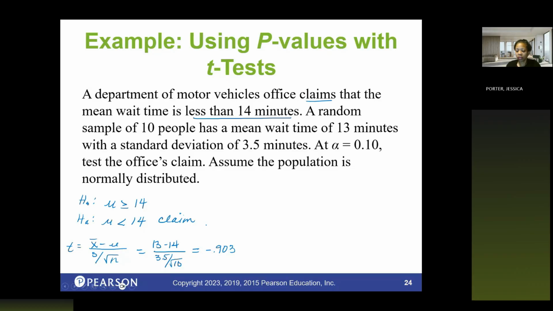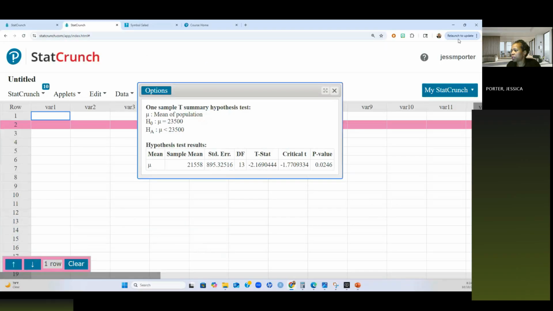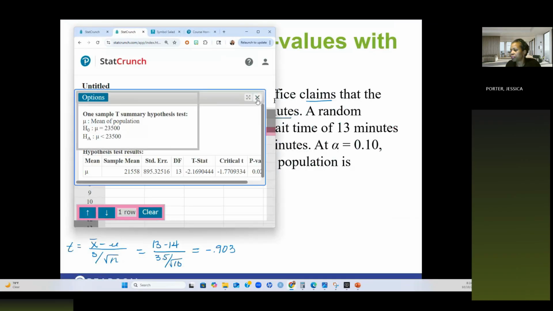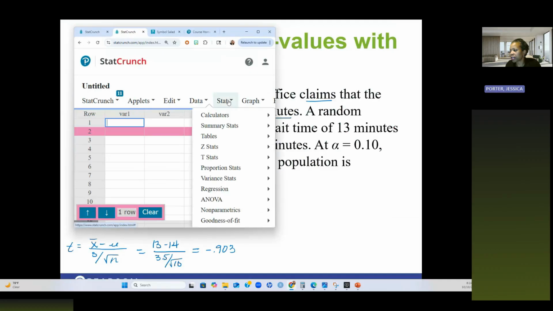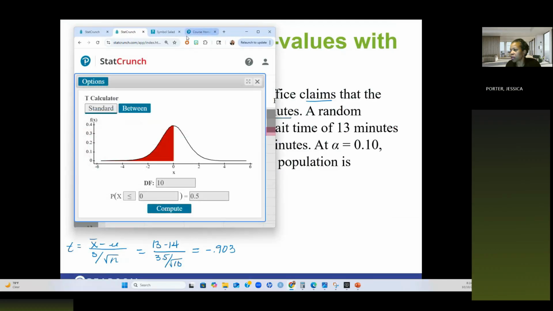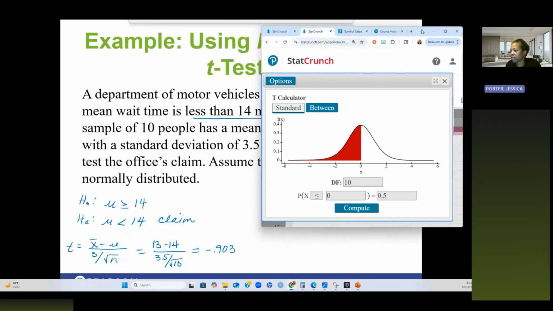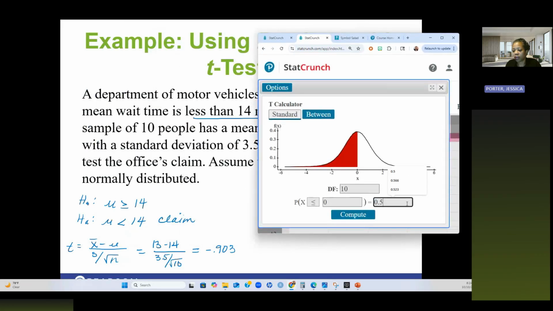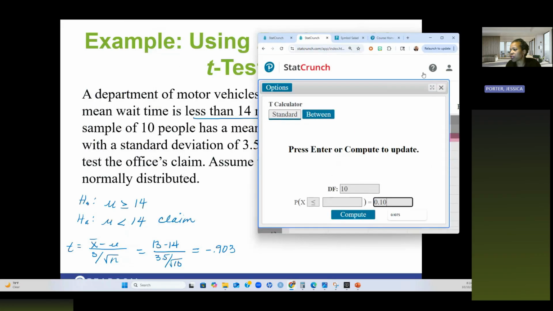So we can go to, we haven't been doing a lot of StatCrunch tonight. That calculator's T. We've got a left tail test and the area is 0.10, but the degrees of freedom is 9.